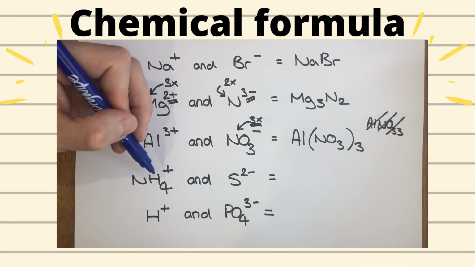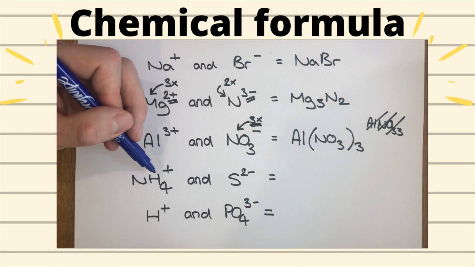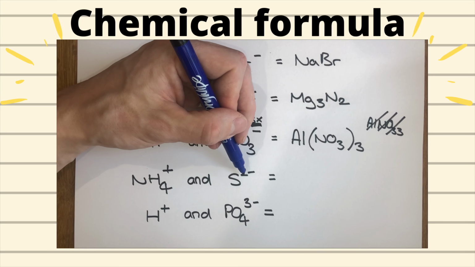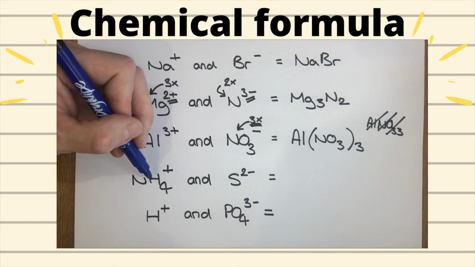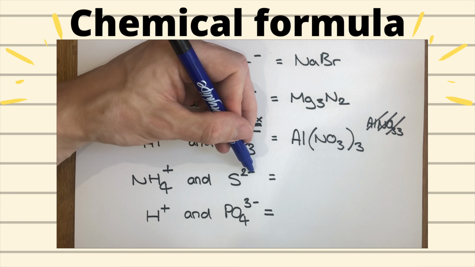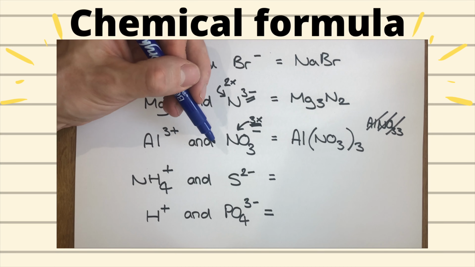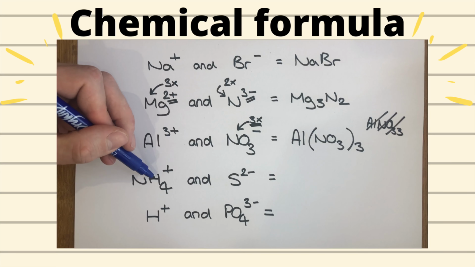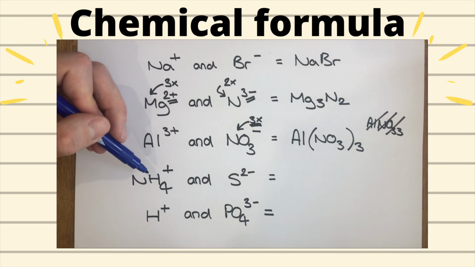The next example uses an ammonium ion, quite rare, but very common at A level, along with a sulfide, not a sulfate, a sulfide, which is from group 6 with a 2- charge. So I need 2 of this and just 1 of those because I've got a plus and a 2-. However, because I'm going to need a multiple here of this one, and we can see we've got more than one atom making up the ion just here, so it's a molecular ion, or you can call it a polyatomic ion, it's entirely up to you.